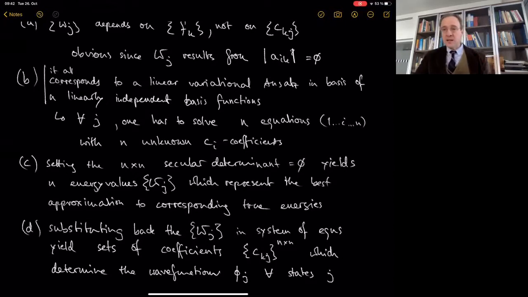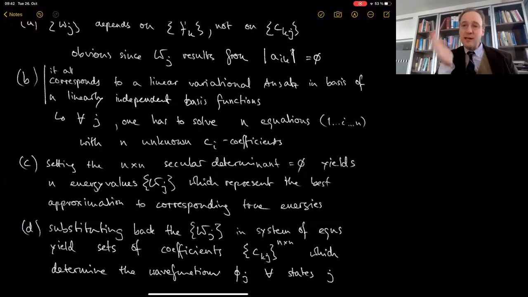Okay, so generally there are two jobs to be done. First, you need to calculate the energy, and then you need to calculate the coefficients for each energy state. And in this lecture series, we will do this, okay? You will learn how to do this. And most importantly, for the Huckel theory, where it's so easy, you can, in many cases, do this by hand, okay?